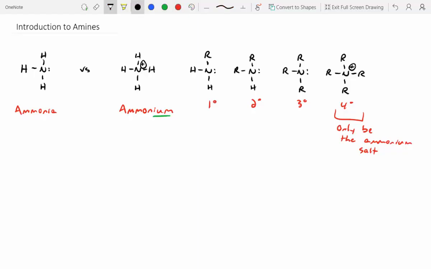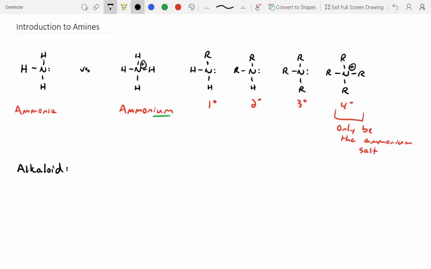The other term that gets thrown around a lot in this chapter is an alkaloid. Does anybody know what an alkaloid is? An alkaloid is an amine that's derived from a natural source. So amines are common in biological chemistry, and they're important in a lot of pharmaceutical or recreational drugs for that matter.